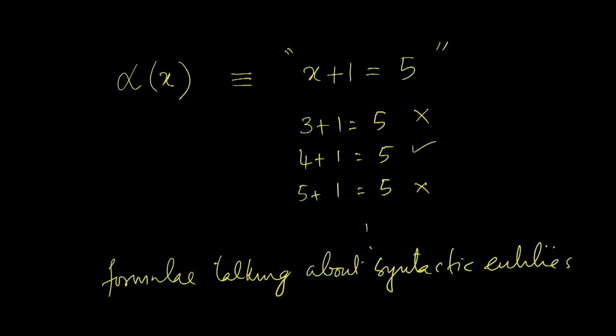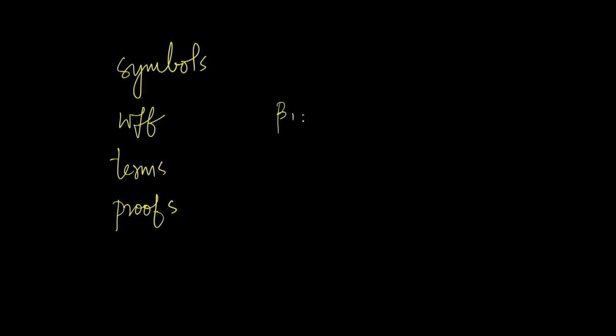But what are syntactic entities? The symbols are syntactic entities: the function symbols, predicate symbols, open and close brackets, implication, negation. And then well-formed formulae are syntactic entities, terms are syntactic entities which form constituents of well-formed formulae, and we can also consider proofs as syntactic entities. A proof is nothing but a sequence of formulae.